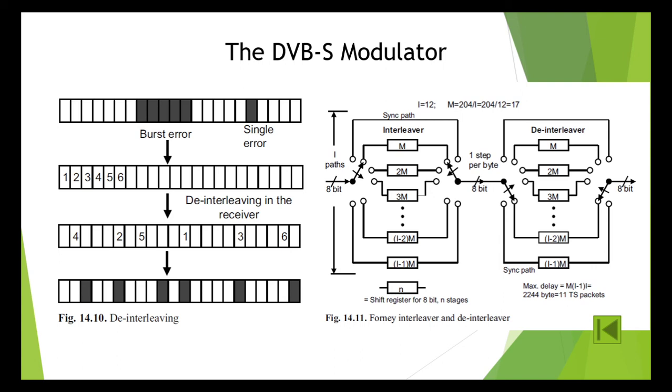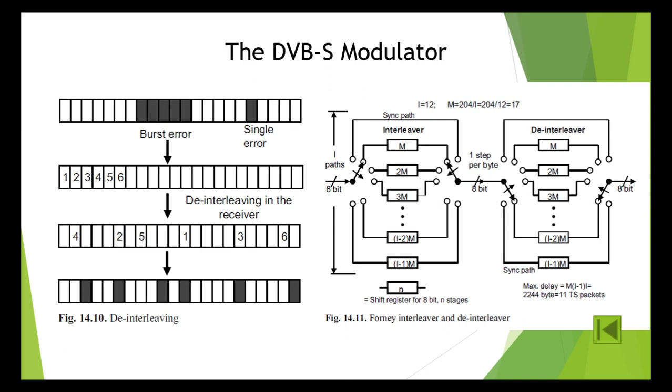The sync bytes and the inverted sync bytes always follow a particular path. This means that the speed of rotation of the switches corresponds to an exact multiple of the packet length, and interleaver and de-interleaver are synchronous with the MPEG-2 TS.